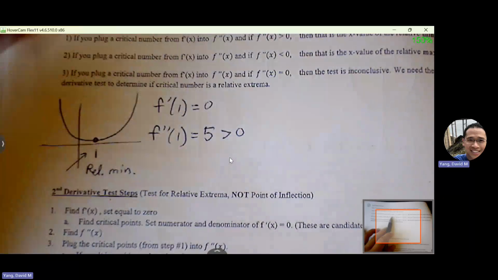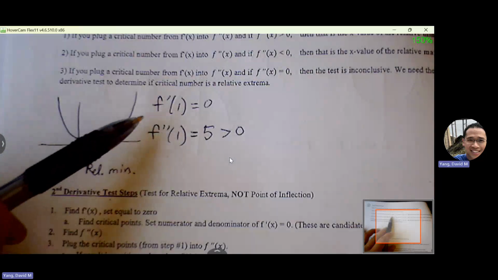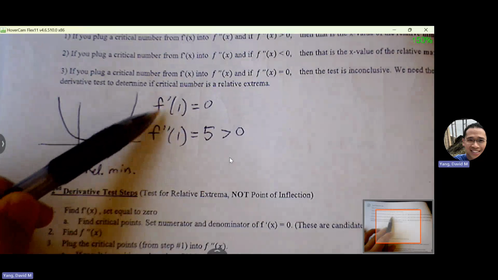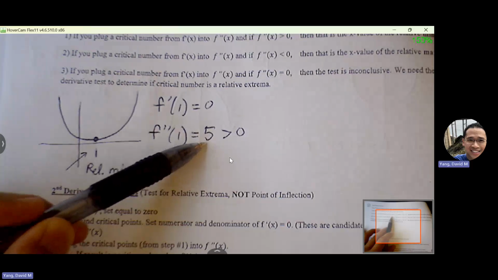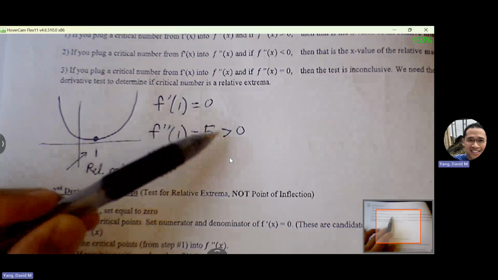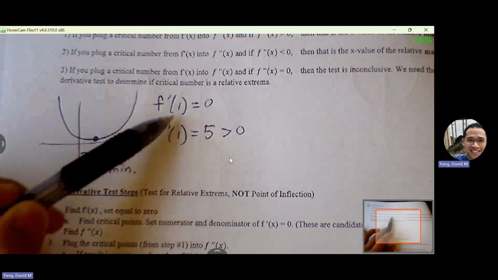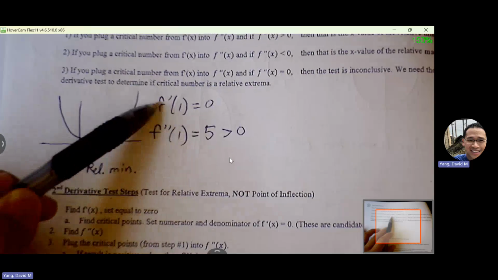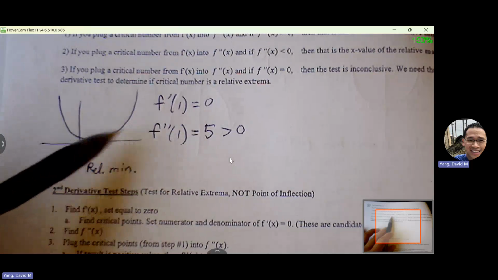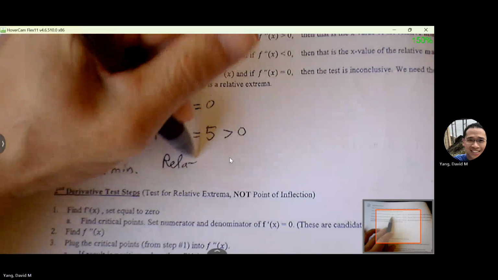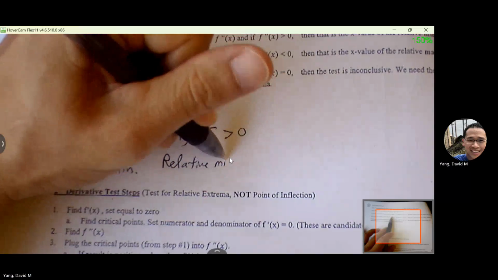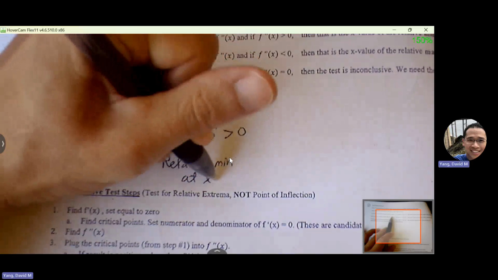which is greater than 0. So the idea is that if we can confirm that a point has a slope of 0, and something that tells us that the graph is concave up, then using these two different behaviors at the same point, we can conclude that there must be a relative minimum at x equals 1.